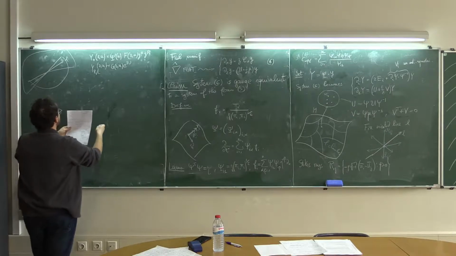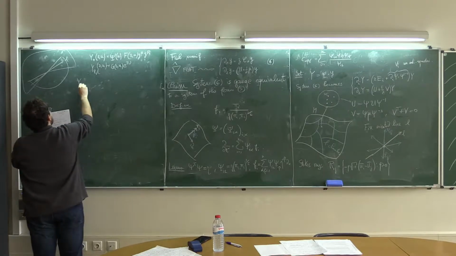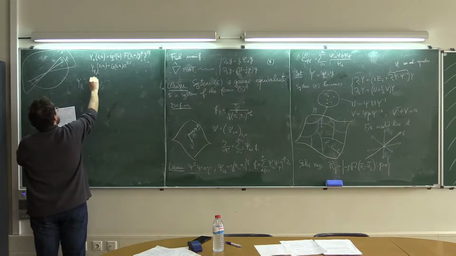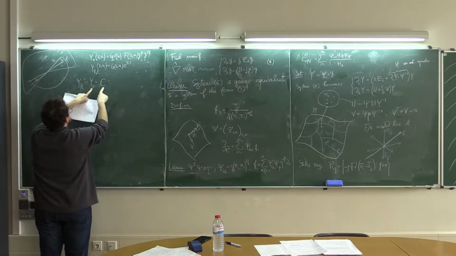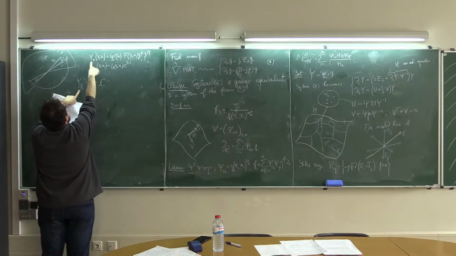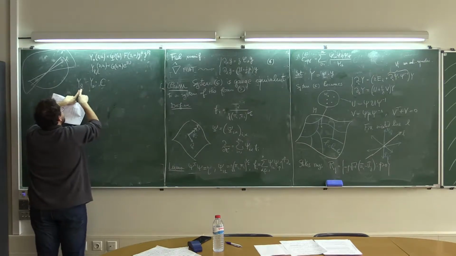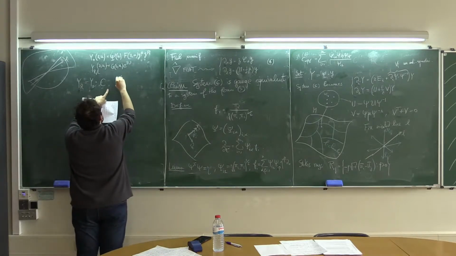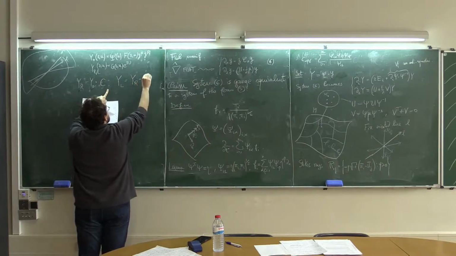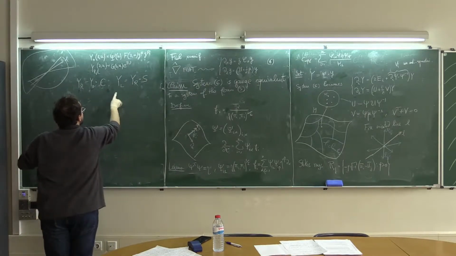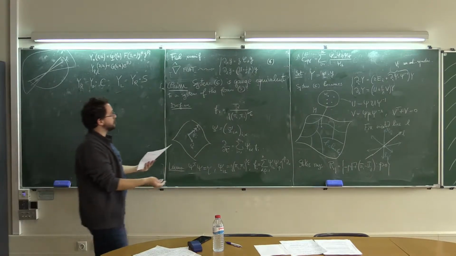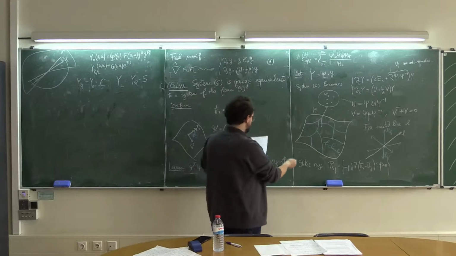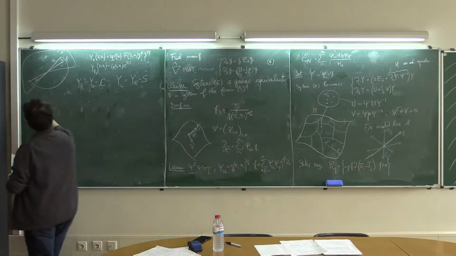And I can introduce, exactly as I did in the general picture before, a connection matrix which relates the solution at 0 and the solution on the right, and a Stokes matrix which relates the solution on the right with the solution on the left. Well, according to the general theory we developed before, we have the following remarkable property.